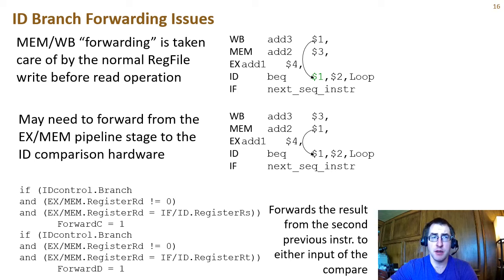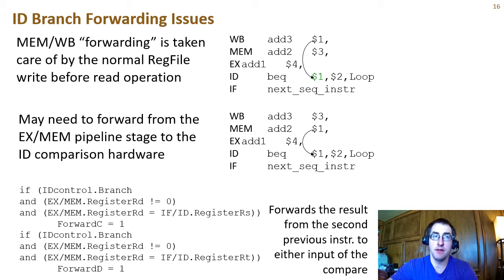So if we're decoding a branch instruction and the EX-MEM has a non-zero destination, and the destination of the EX-MEM buffer is equal to the source of the ID stage, then we need to set the forward signal. If it's equal to the RS, we'll do forward C equals 1. If it's equal to the RT, we do forward D equals 1.